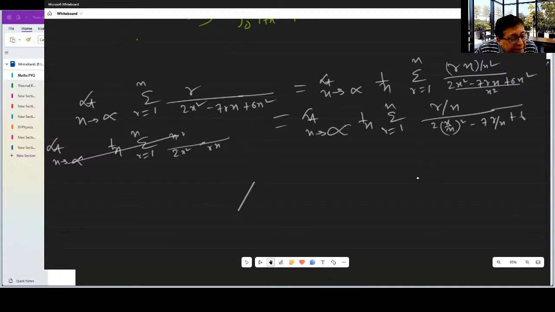Now another problem is there. The coefficient of 2r square. How to manipulate with this? Because we are getting r by n over there.